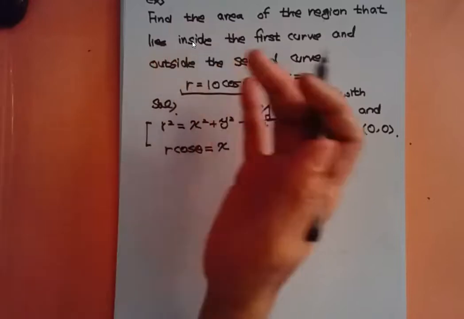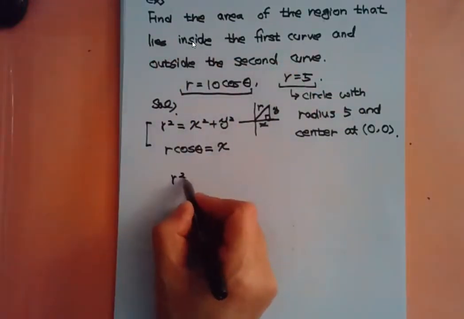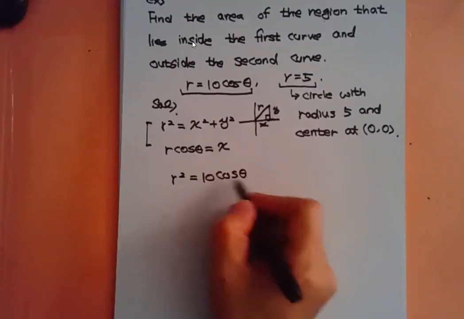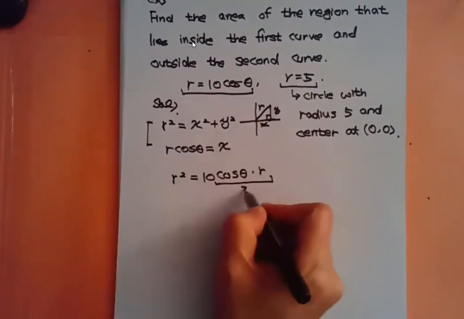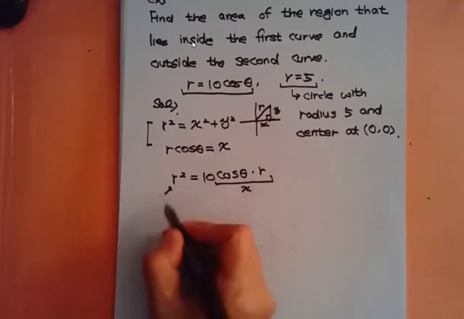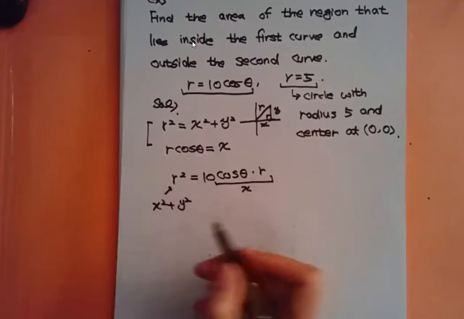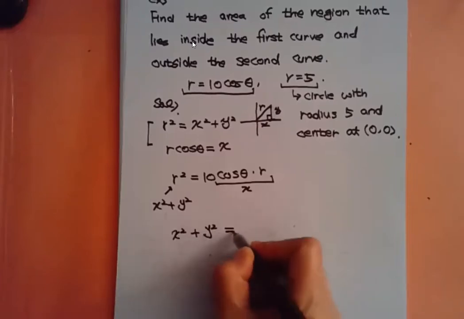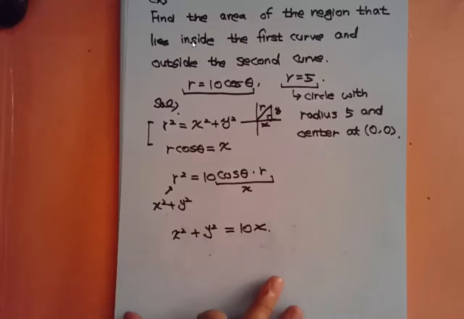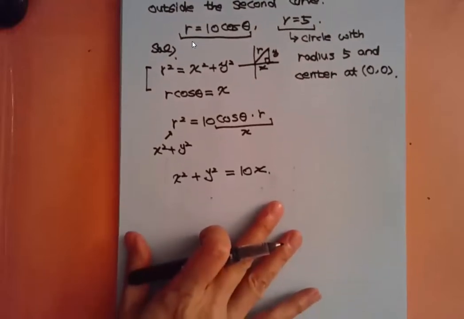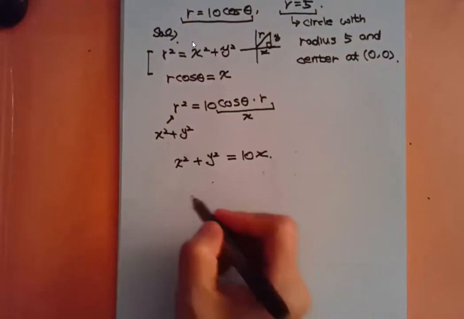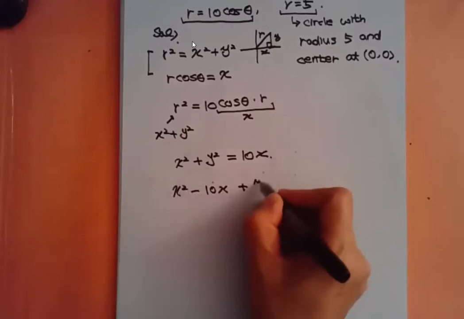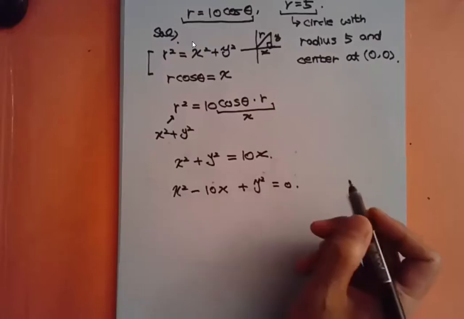If we multiply by r on both sides, then r squared equals 10 cosine of theta times r. So this part is x, and this part can be written as x squared plus y squared. So x squared plus y squared equals 10x. So x squared minus 10x plus y squared equals 0.